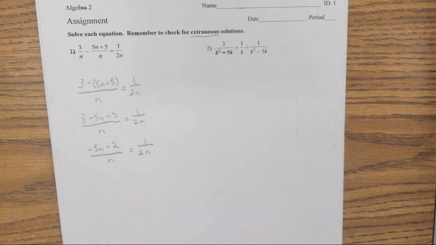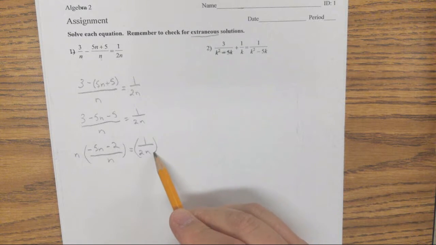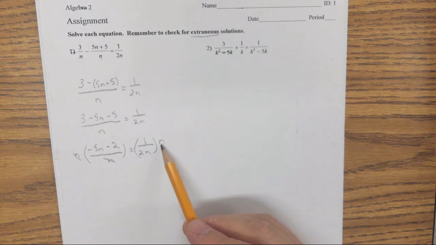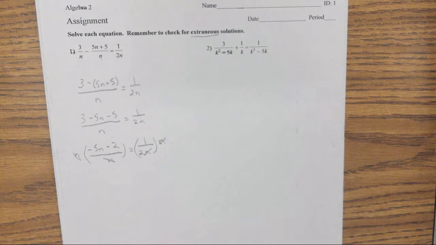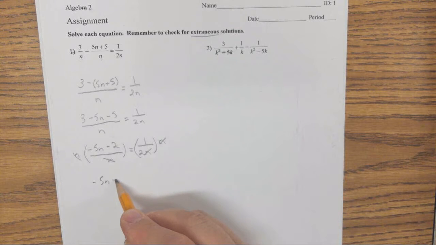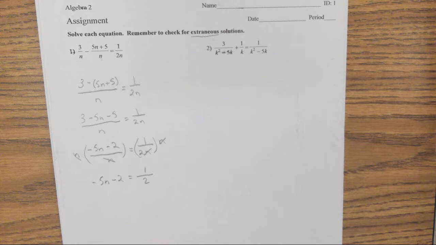Let's work on getting this n out of the denominator. I'm going to multiply both sides by n, and that's going to eliminate that n. And you can see here as well, it's going to eliminate this n. Okay, so now I've got minus 5n minus 2 equals 1 over 2.